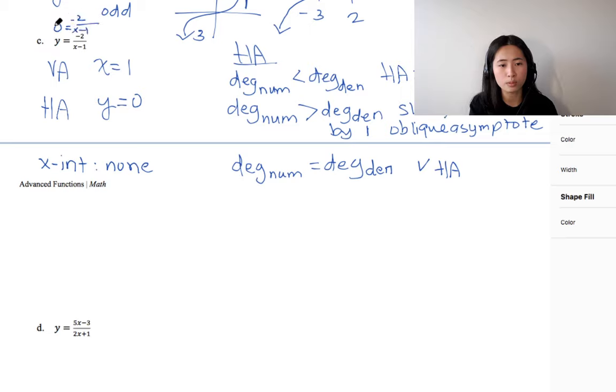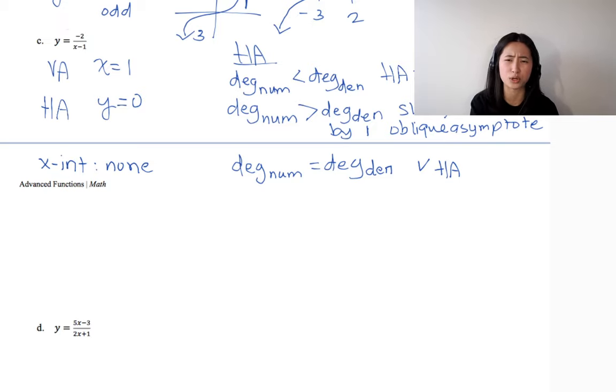When you cross multiply, 0 times x minus 1 is 0, so 0 is equal to negative 2. Therefore, you don't really have any x-intercepts. So this is very similar to saying your x-intercept is none versus x-intercept is equal to 0. You have to be careful with these terminologies.